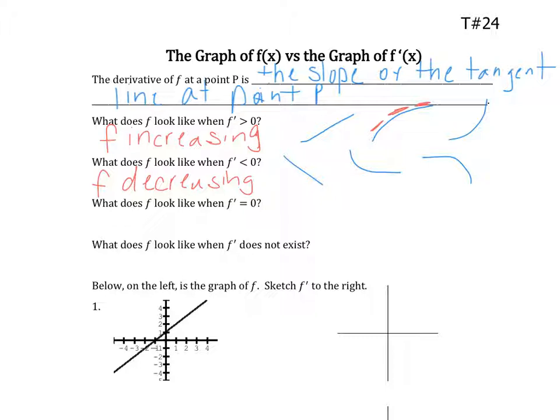What does f look like when f prime is 0? And so most of the time people go, oh, that's the only case. But remember, we've had some 0 derivatives, and where was that? Remember how we had one like right here, where this, not on that whole piece, but right at that moment, the derivative was 0. Likewise, I could draw that.